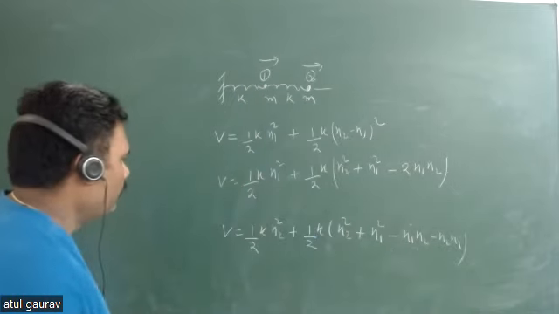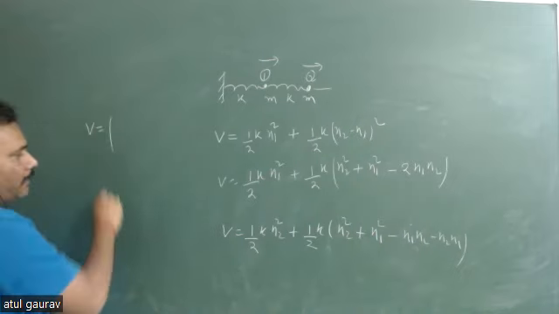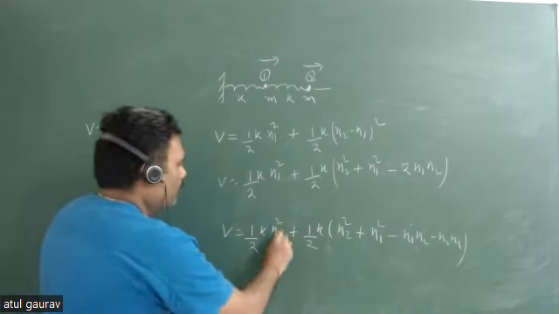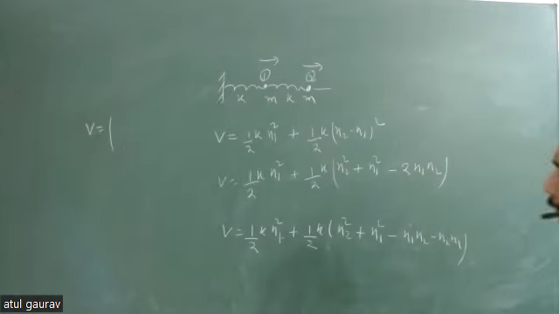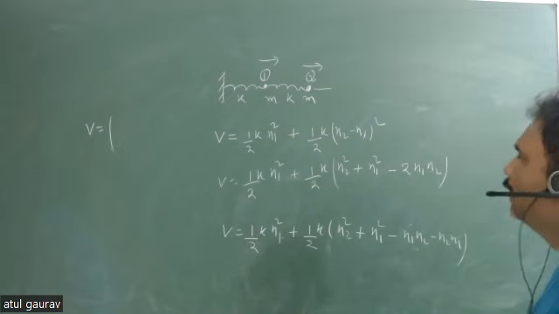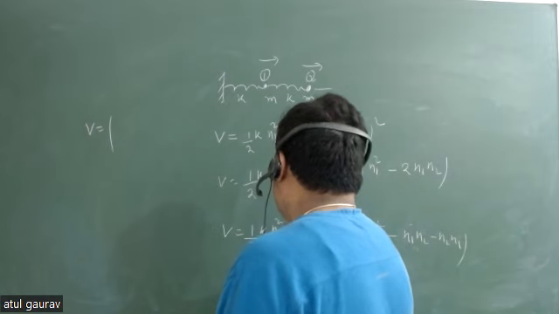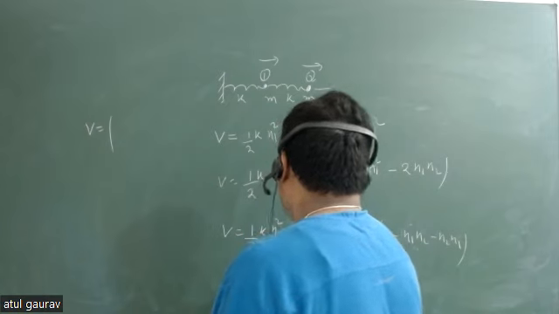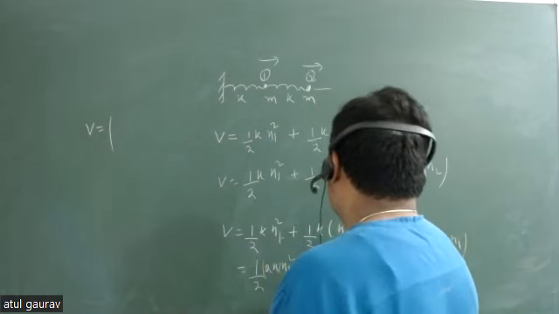Okay. Now write the potential energy matrix. Eta 1, sorry, eta 1 square. What is your coefficient of 1 1? 2k. Very good. So you can write it in this form, half 2k eta 1 square, isn't it? कभी भी half हटाना मत.